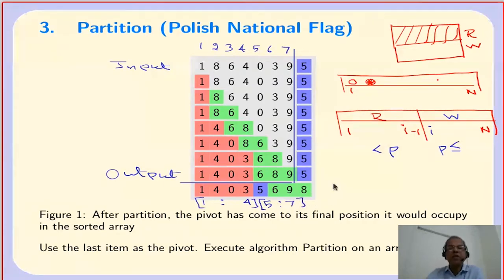What should the algorithm return? I may say the algorithm will return 5. The algorithm returns i, then 1 to i minus 1 is the smaller subarray, and i to n is the larger subarray.